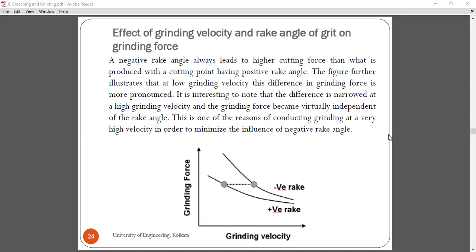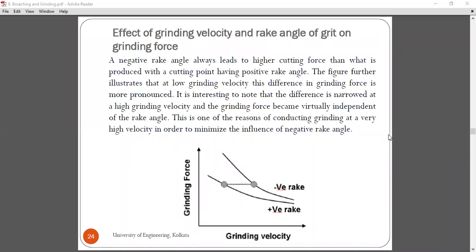In case of a positive rake angle, the tool is sharper and has a proper cutting edge. However, a negative rake angle is more blunt. So definitely a higher cutting force will be required for a negative rake angle than for a positive rake angle.